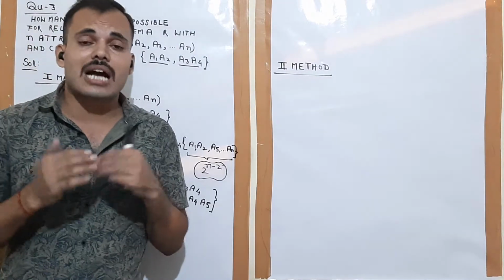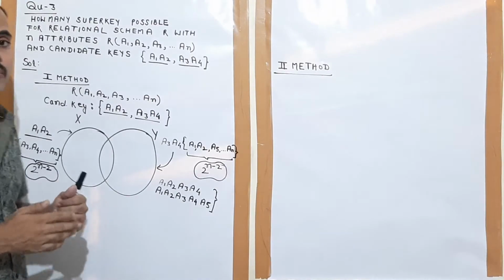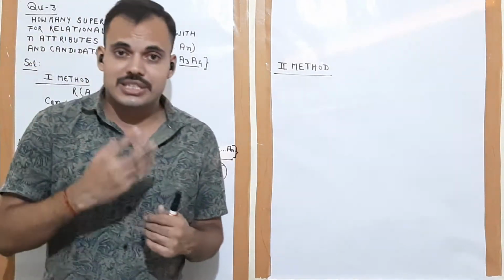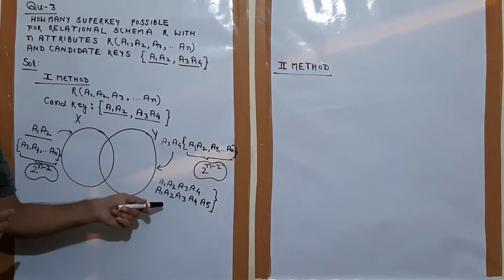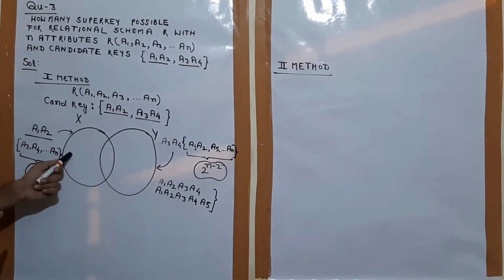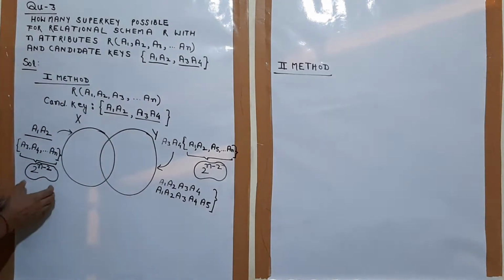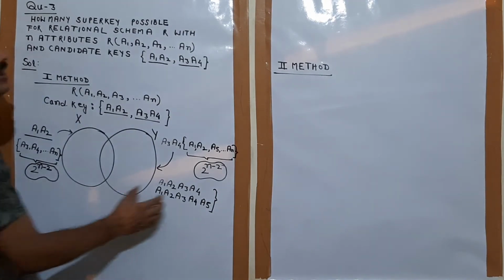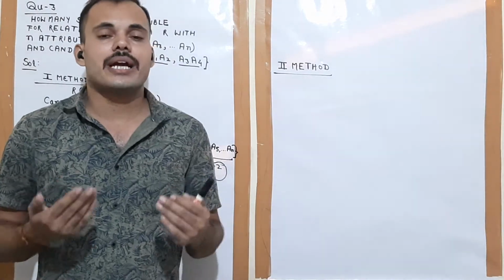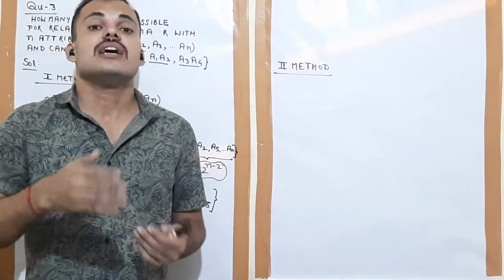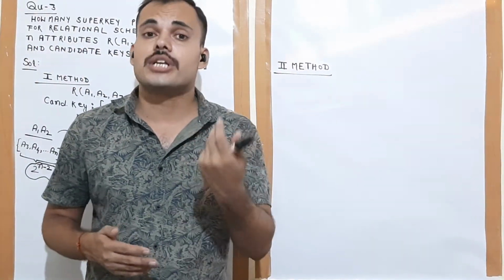So if we are counting the number of super keys, we are also counting the repeated super keys. These types of super keys belong to this set and also to this set. So when we add these two numbers of super keys, this is not the correct answer, because there are repetitions. There are some super keys we are counting twice.